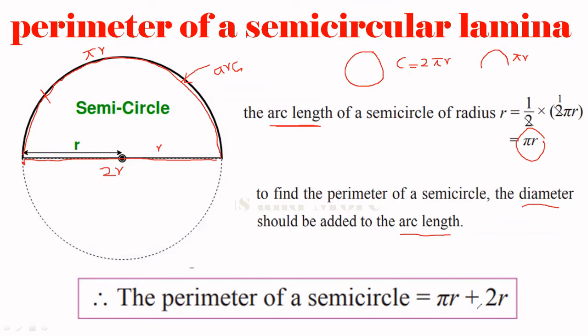Remember C equals 2 pi r only. Whole circle is 2 pi r. Semicircular arc is pi r. Perimeter is pi r plus 2r. If you have to find only the arc, then you have to get only pi r. If you have to find the perimeter, then you have to add the diameter also, that is 2r. Okay.